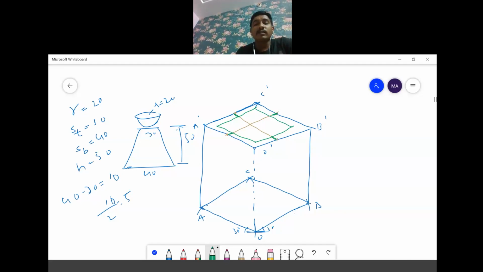Then I am joining these two squares. This one will be the dotted line, as it is a hidden part, and this should be dark.